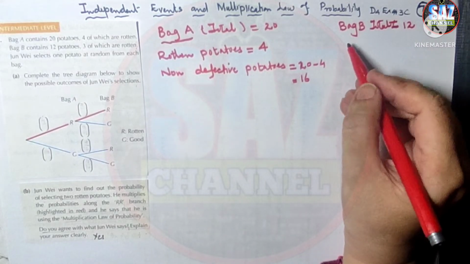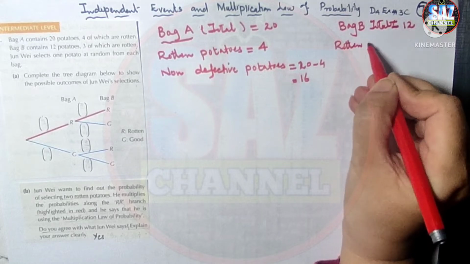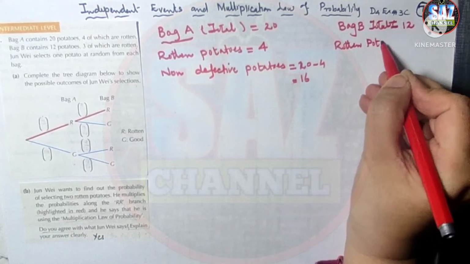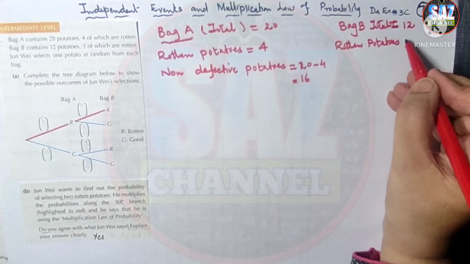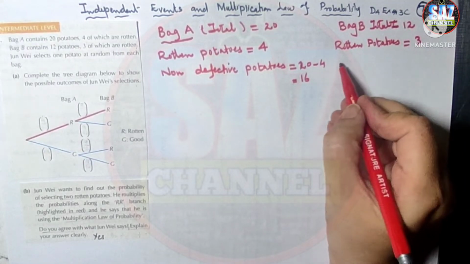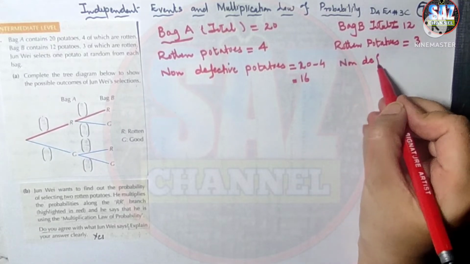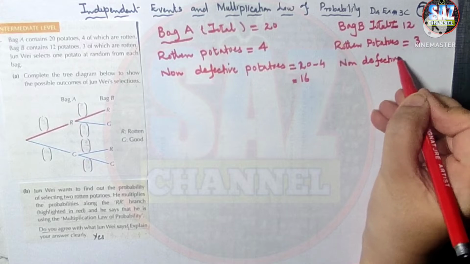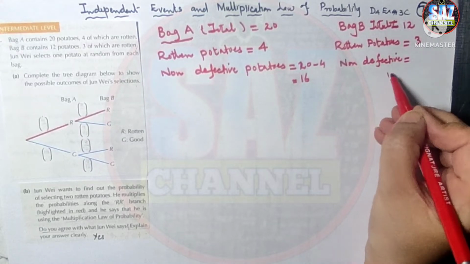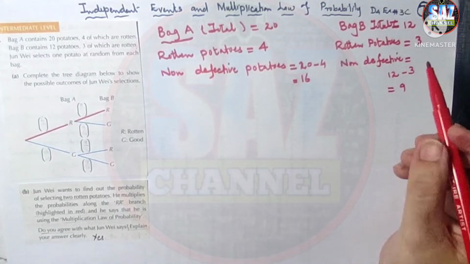Bag B, rotten potatoes are 3, defective, and non-defective from bag B, which is 12 minus 3 which is equal to 9. I hope you are clear about this.